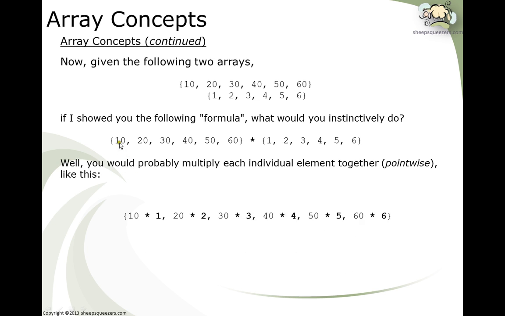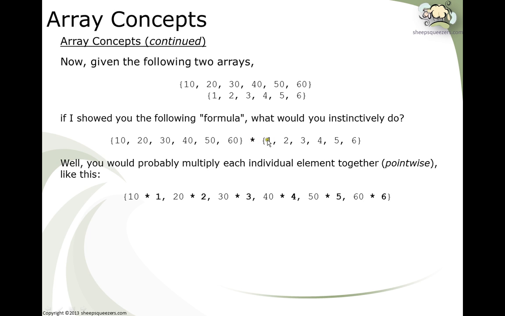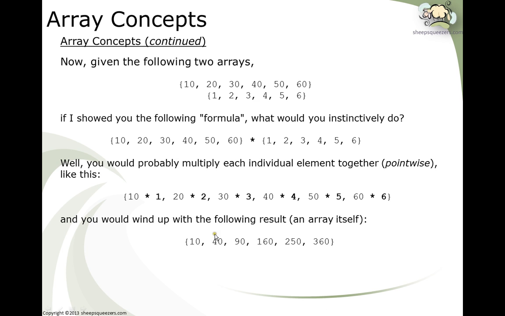That is, you would do 10 times 1, and write that down, comma, 20 times 2, write that down, and so on and so forth, up to 60 times 6, and you would wind up with the following result, which is again an array itself, 10, 40, 90, up to 360.